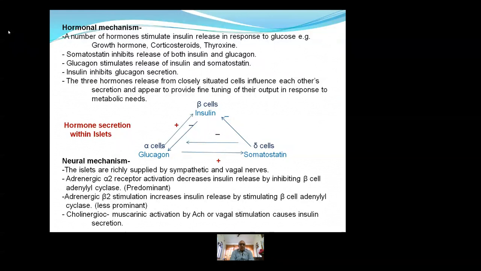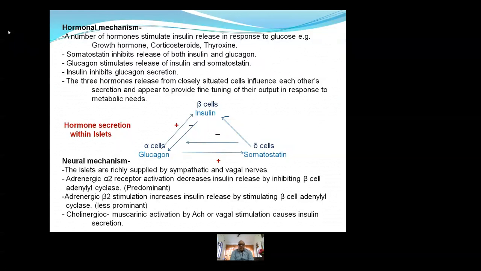Now, neural mechanism. The islets are richly supplied by sympathetic and vagal nerves. Adrenergic alpha 2 receptor activation decreases insulin release by inhibiting beta cell adenylyl cyclase, which is predominant.